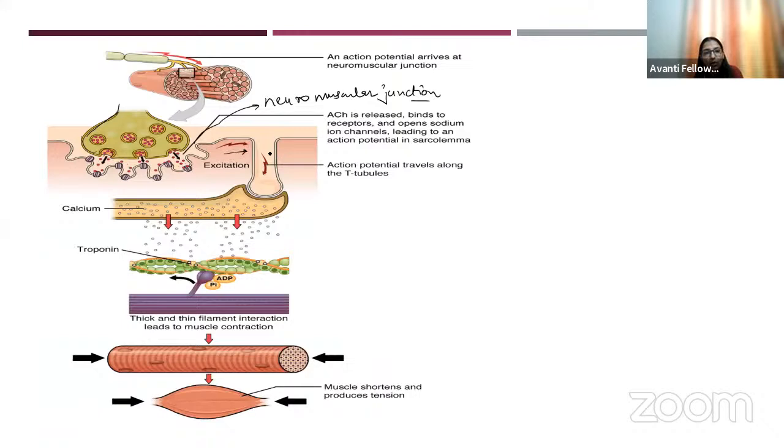This impulse will be transmitted to the T tubules of the sarcolemma, and from the T tubules, the impulses are given to the sarcoplasmic reticulum. Once the impulse reaches the sarcoplasmic reticulum, the calcium channels present in it open and all the calcium comes out into the sarcoplasm.